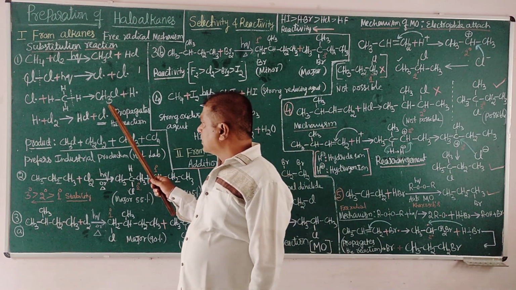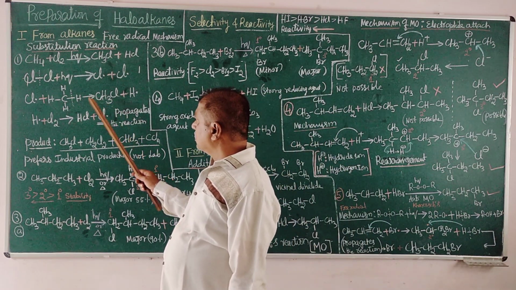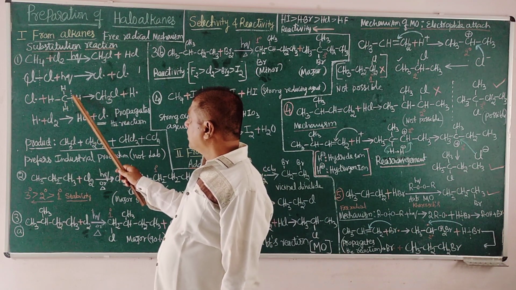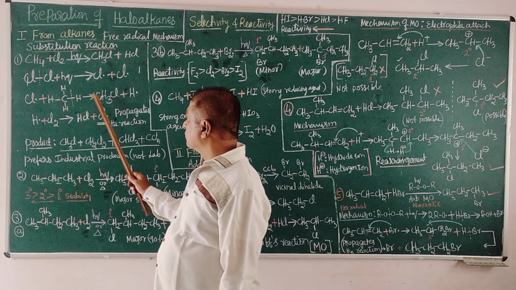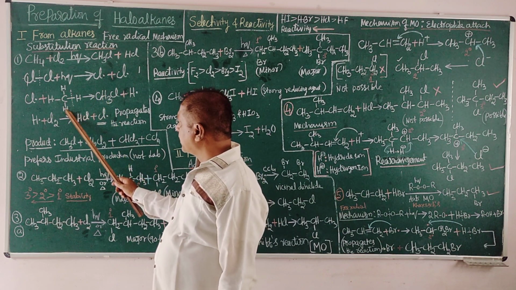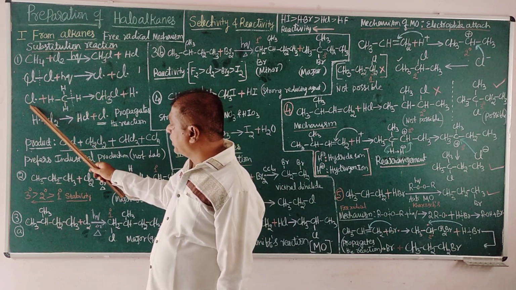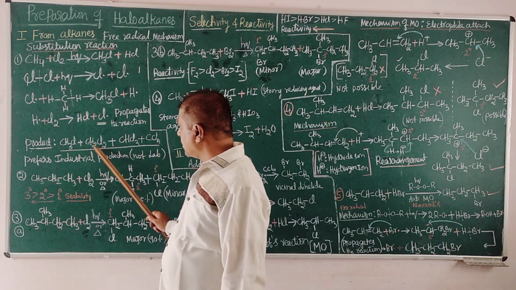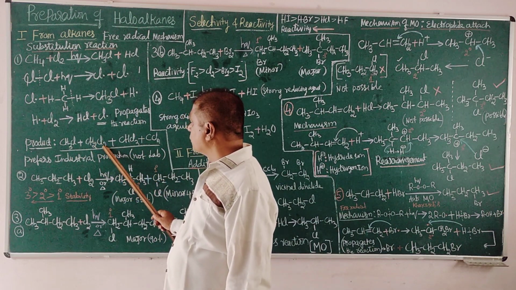Now the reaction will not stop over here. There are four hydrogen atoms. After one hydrogen is attacked, another hydrogen can be attacked by chlorine in the same fashion, resulting in the formation of CH2Cl2.